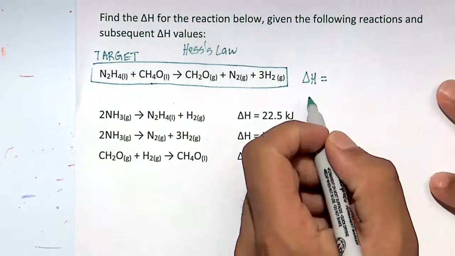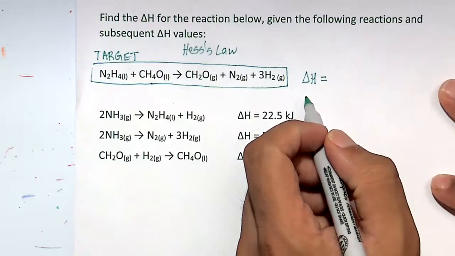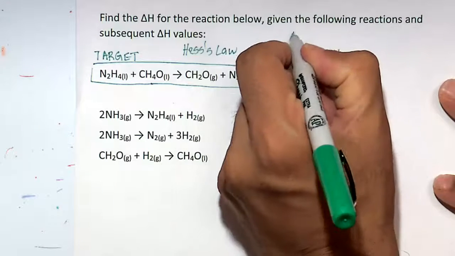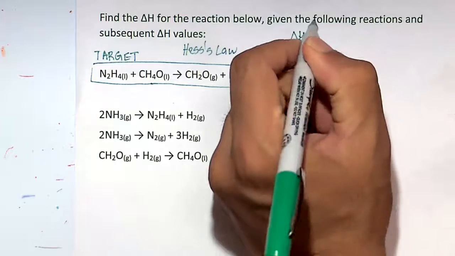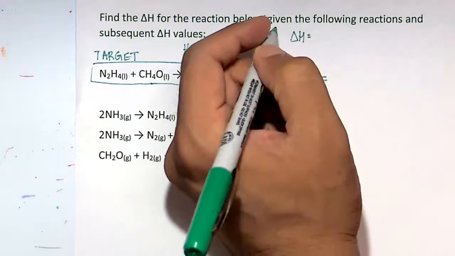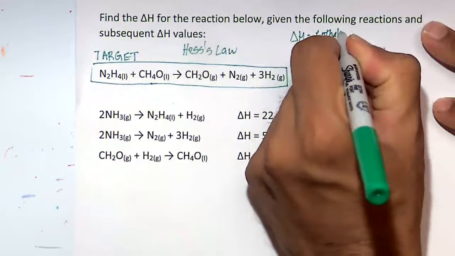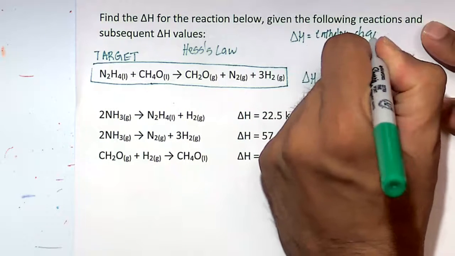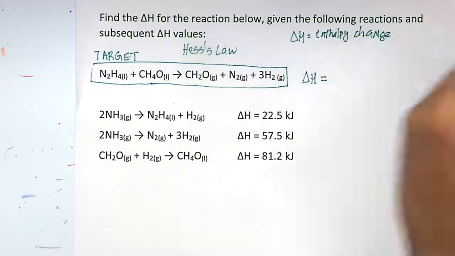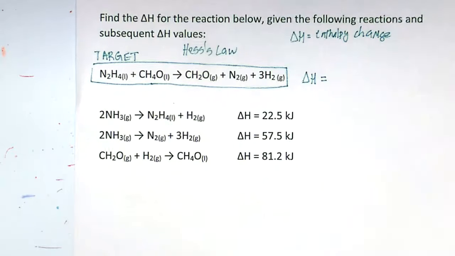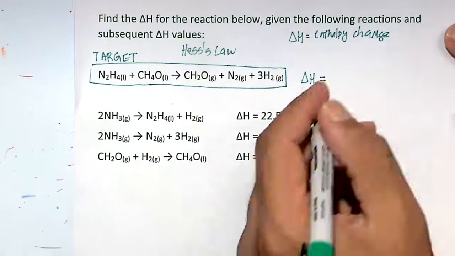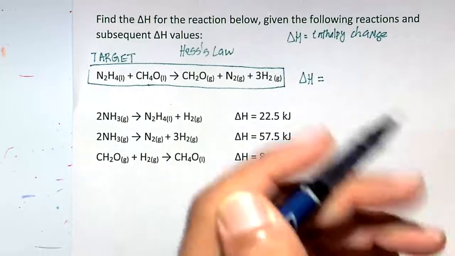Don't forget the definition of delta H. Delta H is the change in enthalpy: final enthalpy minus initial enthalpy. And really, what we're talking about with enthalpy is heat flow. Heat, lowercase q.